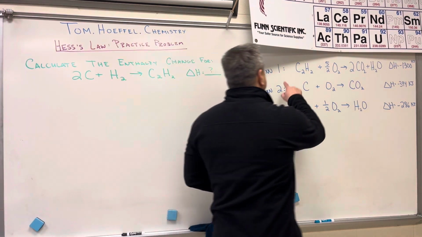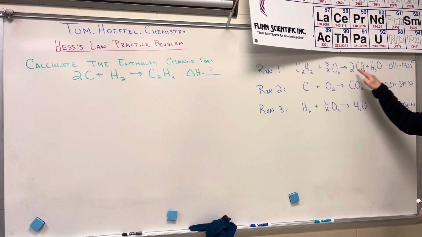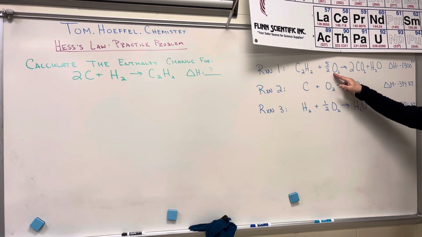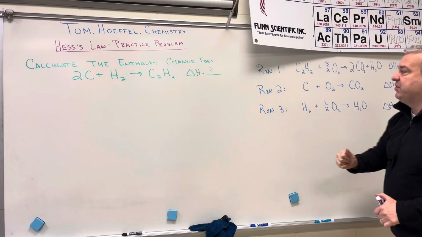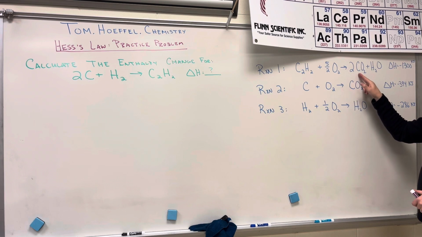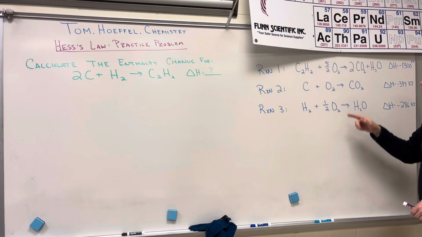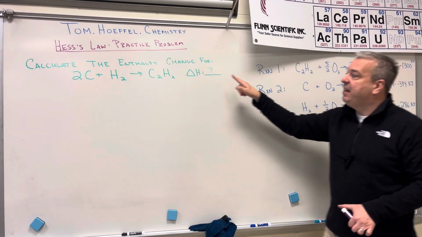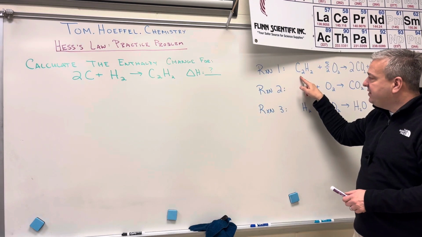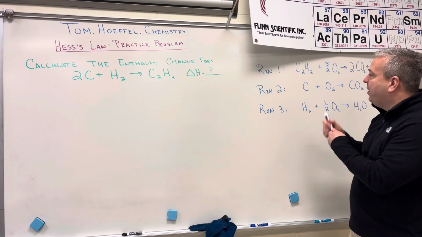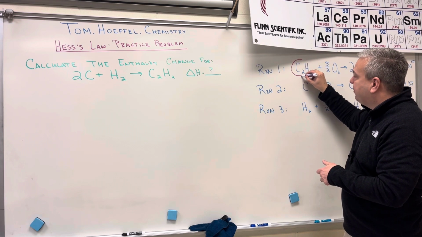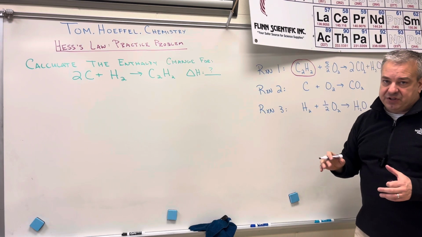So when I analyze this first reaction over here, there's oxygen in it, but there's no oxygen in the original question. There's carbon dioxide, not there. Water, not in there. Really, the only chemical that's in this equation is the C2H2. So this is the item of interest for me in the first chemical reaction.